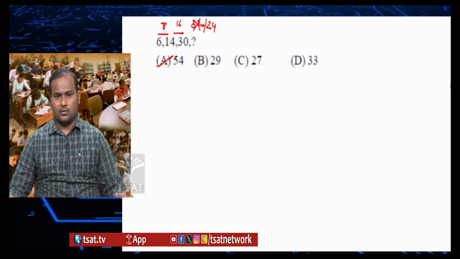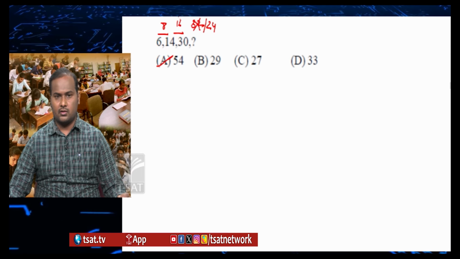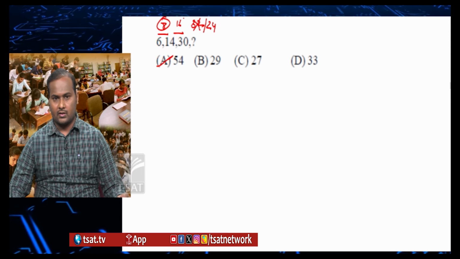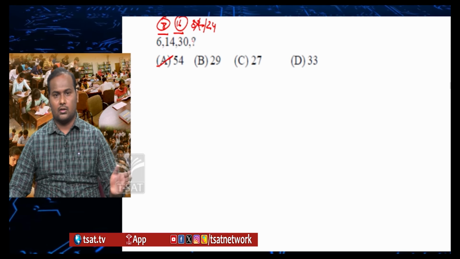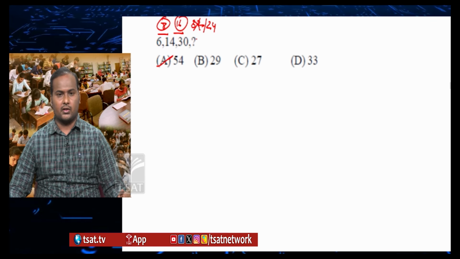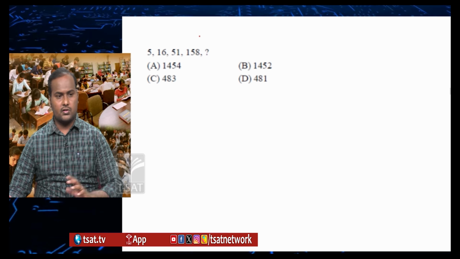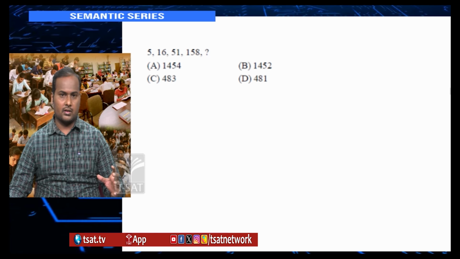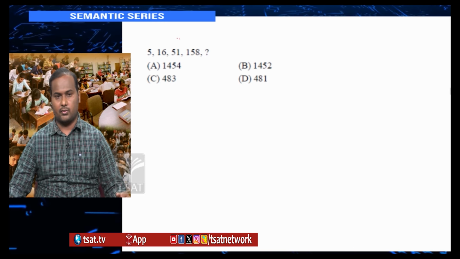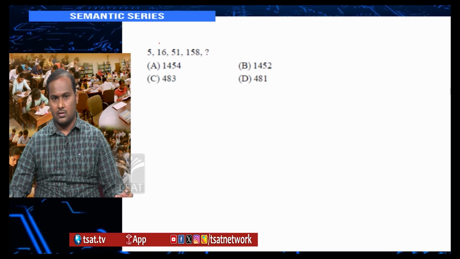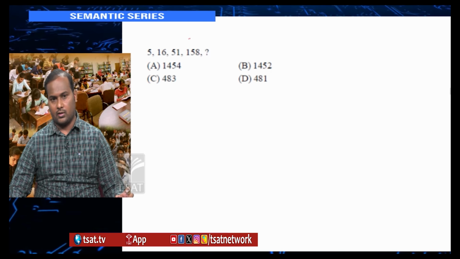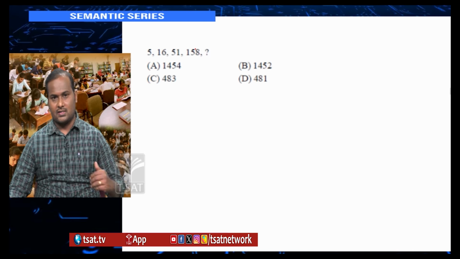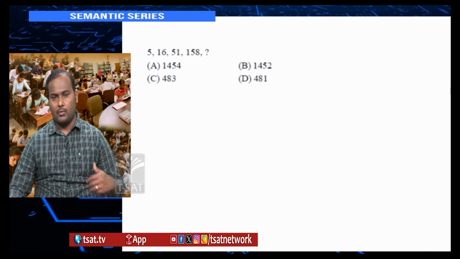See, you may ask one more question, can I take it through difference? So here we took the difference, 8, 16, either the double one, that is 32, or 24. If you see this particular pattern, the moment you see this pattern, obviously the first thing that will click in your mind is multiplication, because here see the pattern 5, 16, 51, 158. So it is jumping. How many times is it jumping?